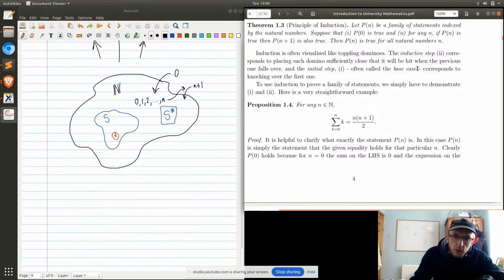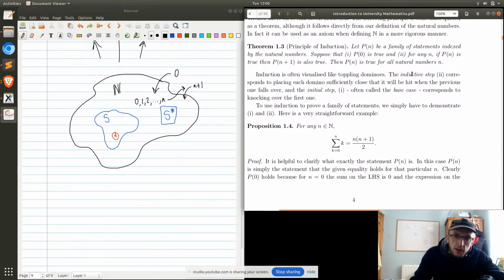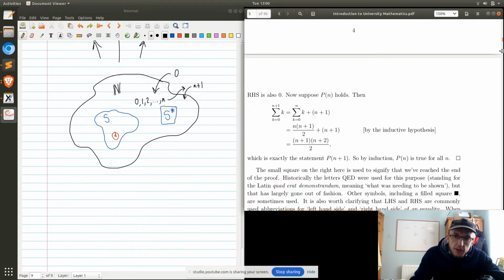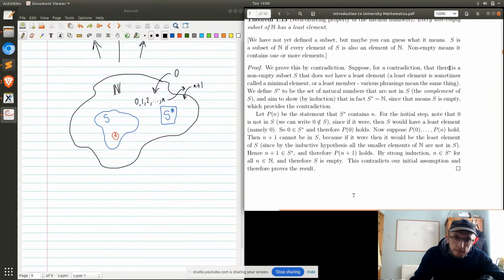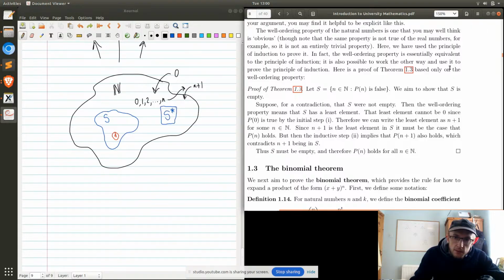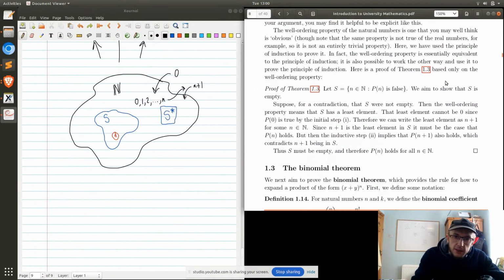Oh, theorem 1.3, I get it. They're going to prove the principle of induction using the well-ordering property. I see. And again, they use proof by contradiction.